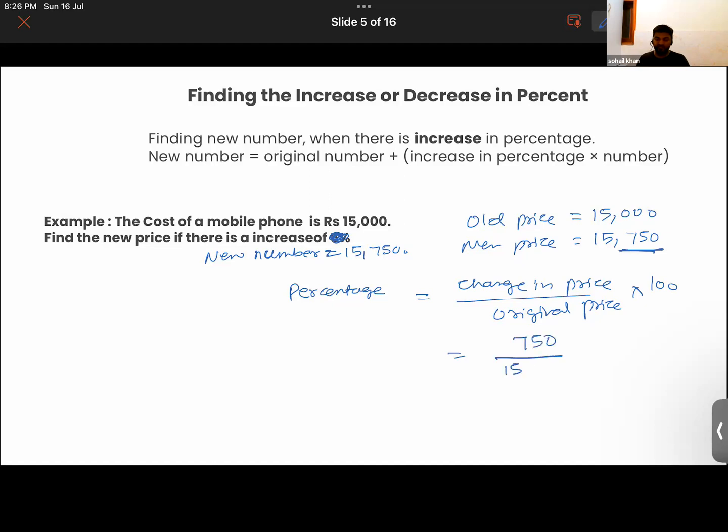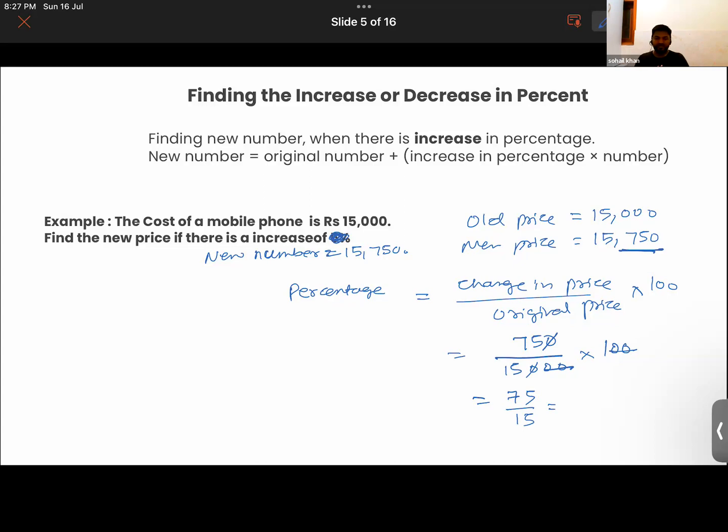The original price was 15,000, multiplied by 100%. Let's calculate this one. These two zeros will get cancelled over here, and these zeros will also get cancelled over here.